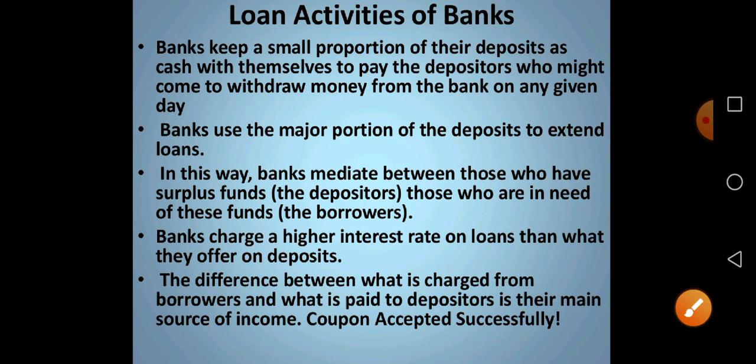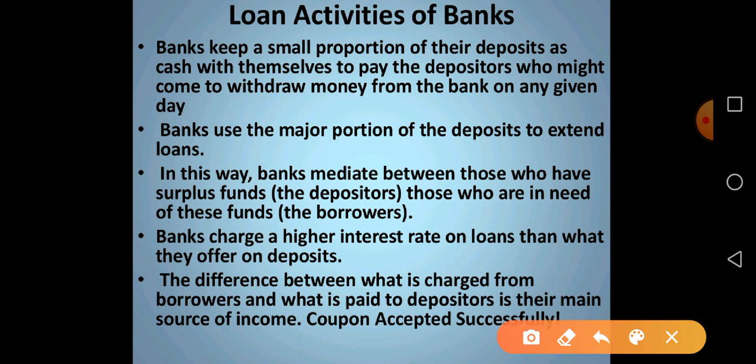Now, the loan activities of banks: banks keep a small proportion of their deposits as cash with themselves to pay depositors who might come to withdraw money on any given day. The bank uses the major proportion of the deposits to extend loans.